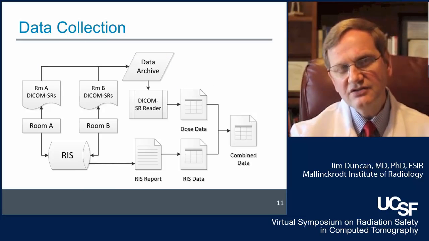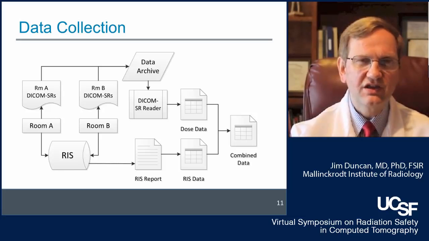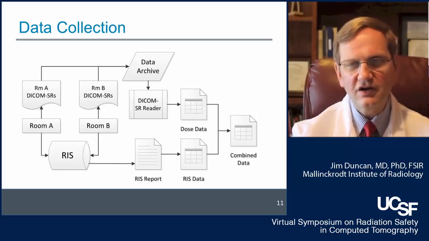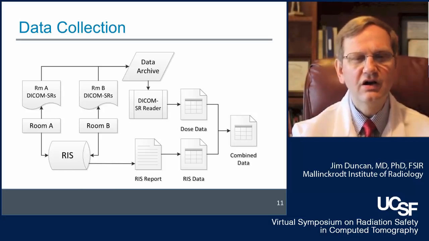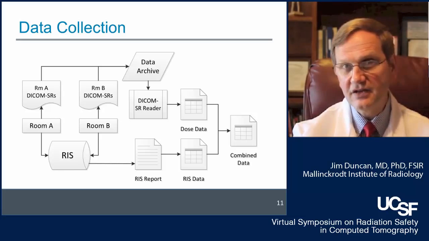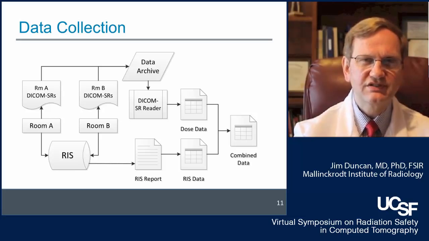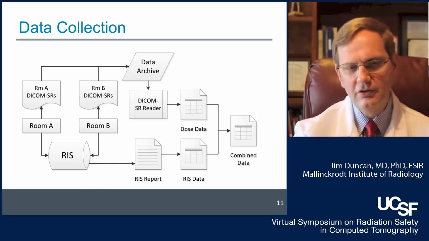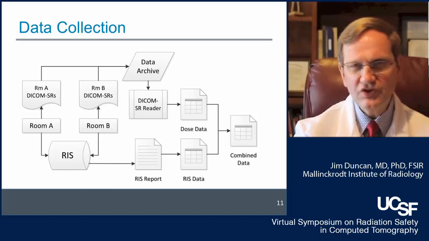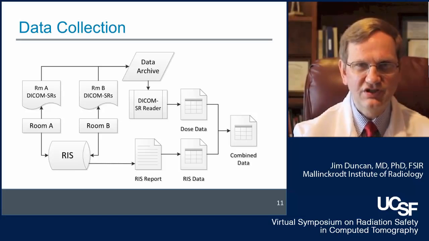The way that data is generated is that we have dose reports that are written by the machine at the end of every procedure. They're collected in an archive, and we have a commercial software package that helps with data analysis at that end. On the other, we collect data through our radiology information system, the RIS. That's the procedure billing code, so it allows us to characterize what procedure was actually done.